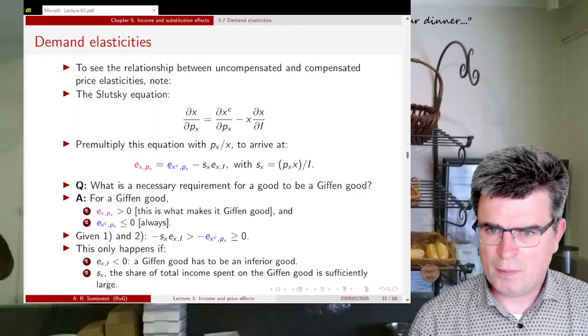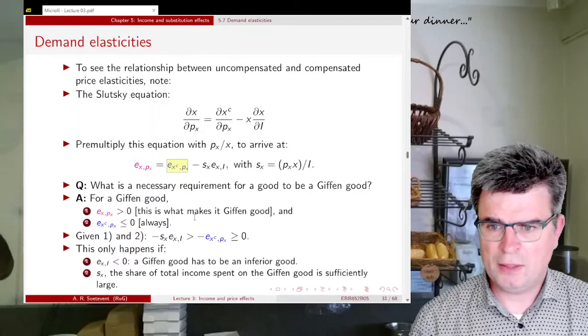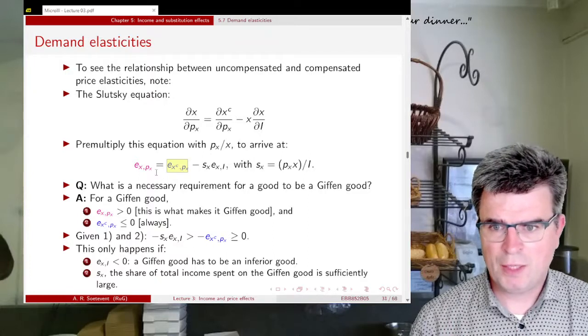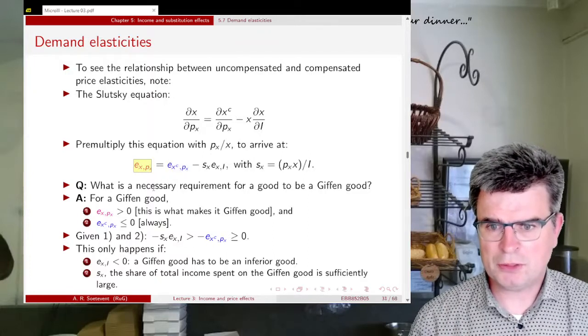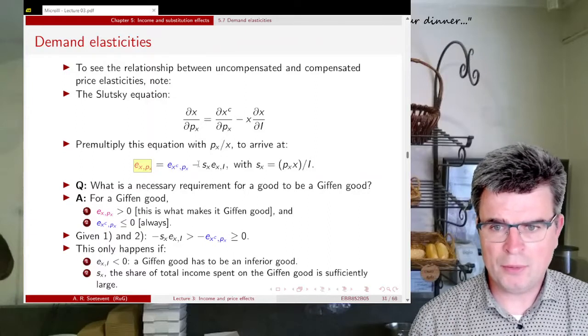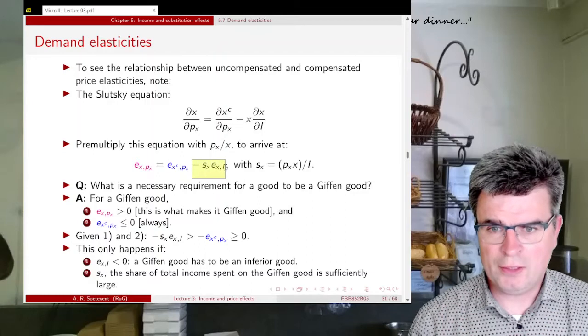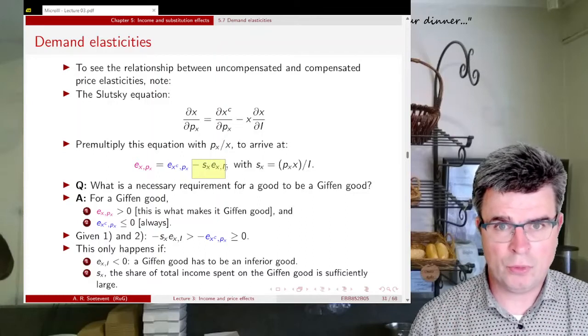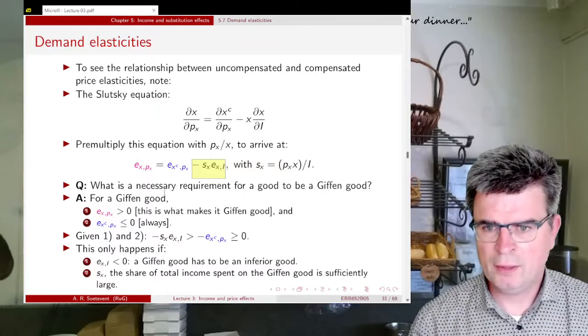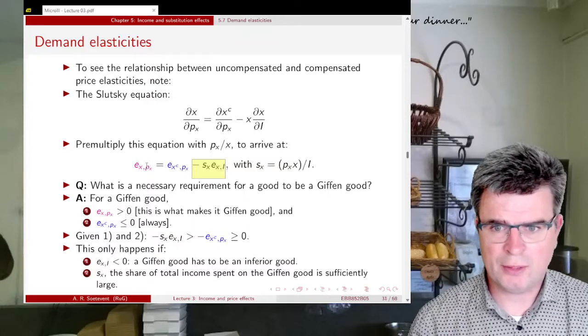So this part is non-positive. This part needs to be positive. So the only way that will work out is when this thing over here, the final term, is positive. So only then the Slutsky equation can hold.